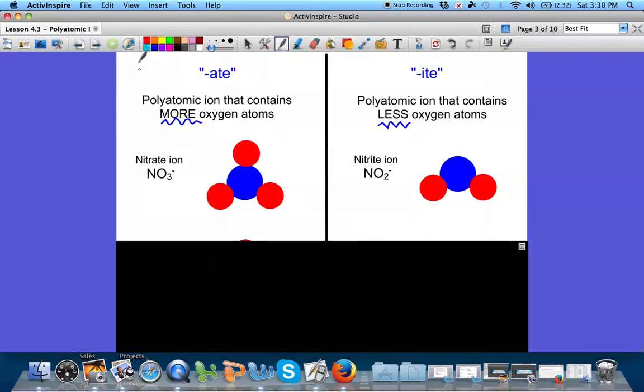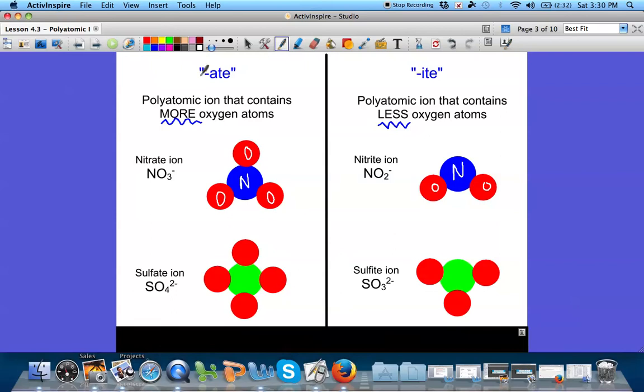So for example, we have a nitrate ion that has 1 nitrogen and 3 oxygen, and we have a nitrite ion that has 1 nitrogen and 2 oxygen. Both carry a 1- charge. The nitrate has more oxygen than the nitrite.